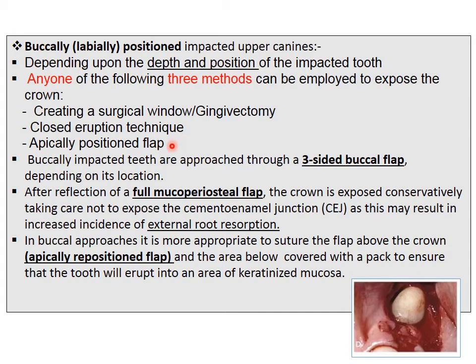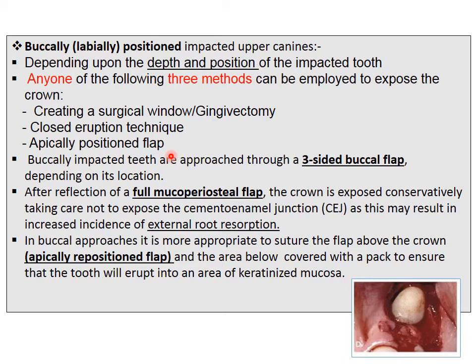After the reflection of the mucoperiosteal flap, the crown is exposed in a conservative way, removing the bone but not exposing the cemento-enamel junction. Scientific studies found that when the cemento-enamel junction is exposed, external root resorption occurs.